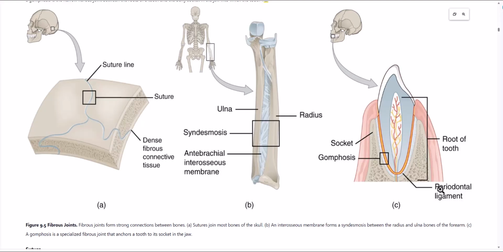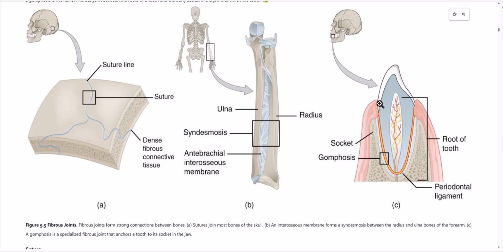That makes sense. Peri, around, odonto, the tooth. So around the tooth, there's a ligament. A ligament connects a bone to a bone. And this special sort of connection between a bone and a tooth is referred to as a gomphosis. So gomphosis is the classification. It's held together by the periodontal ligament between the bone and the tooth itself. So all three of these are examples of fibrous joints.